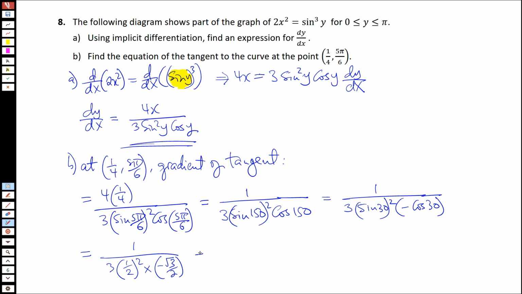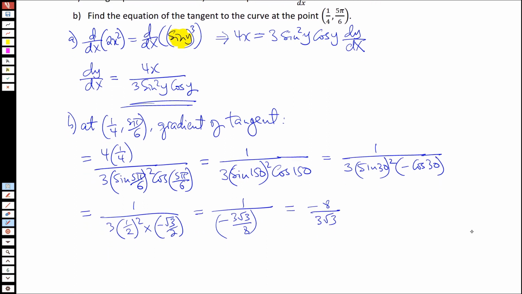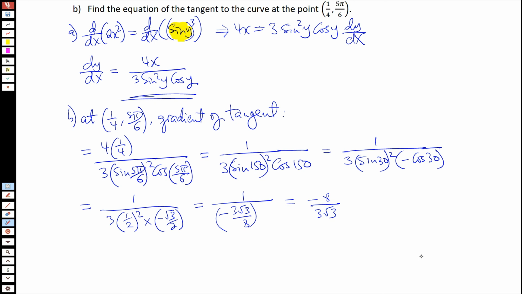So this simplifies to 1 over negative 3 root 3 over 8, which will be equal to negative 8 over 3 root 3. So that is the gradient of the tangent at the given point.